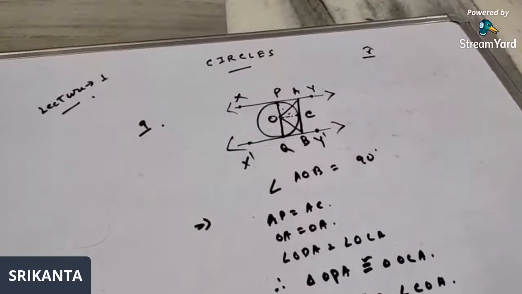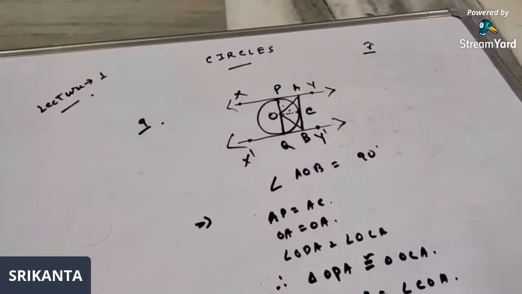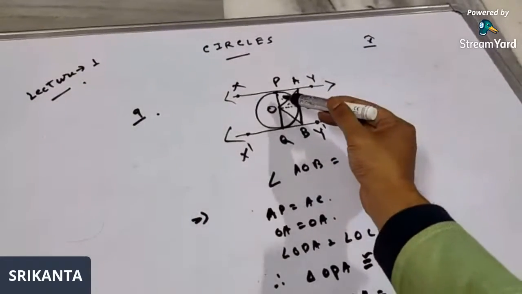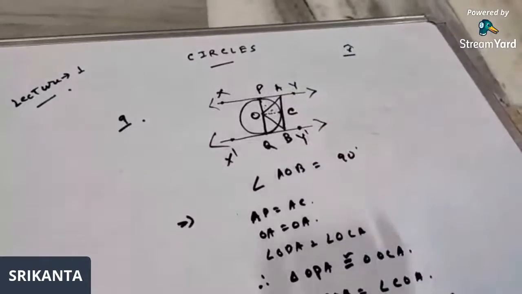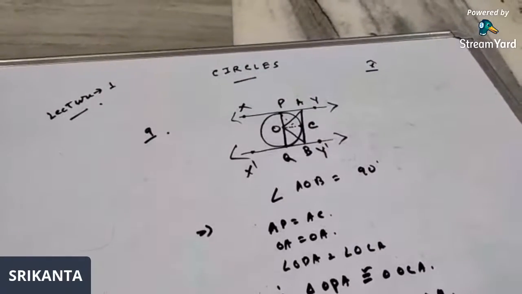Triangle OAP and triangle OQB. First of all, they are 90-degree. OP is equal to OQ. Both are radius.